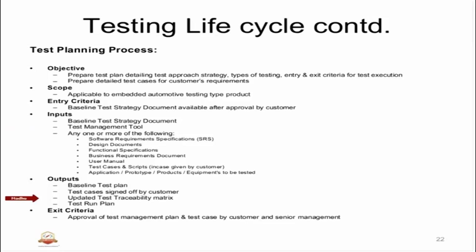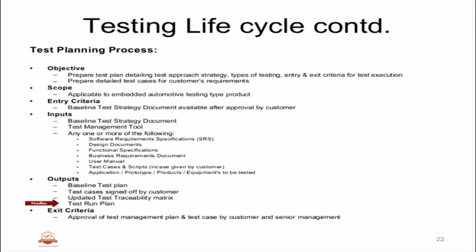That traceability will map the test strategy with the requirements and how I am going to run the tests that I have laid out. Test run plan it is called. It's a small run plan that will identify the preconditions, execution mechanism, and the outputs that are expected.